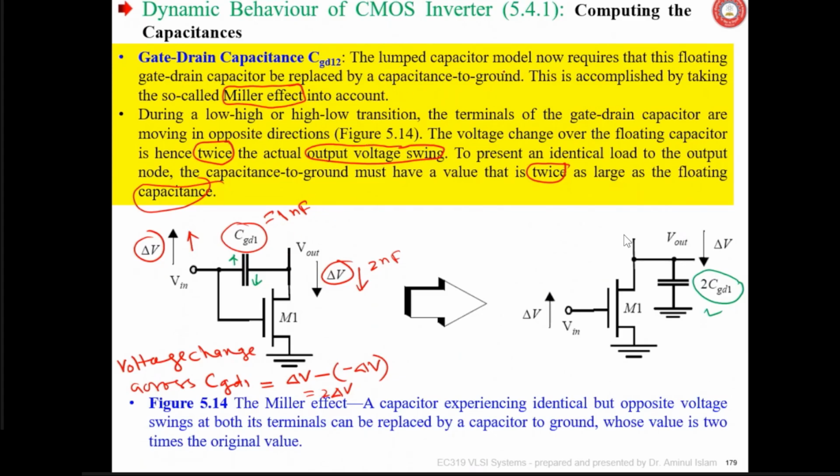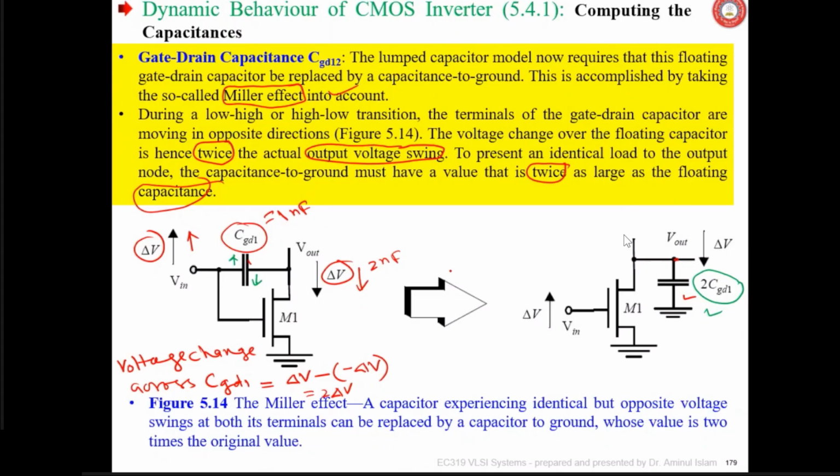The long capacitor model now requires that this floating gate drain capacitor be replaced by a capacitance to ground. Instead of this, we have to use a capacitance which is connected between the output node and the ground. For that, you have to apply the Miller effect.